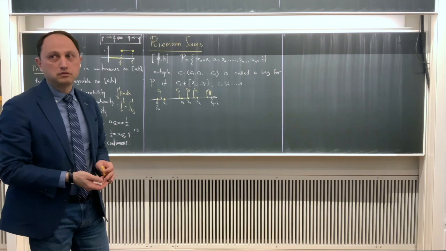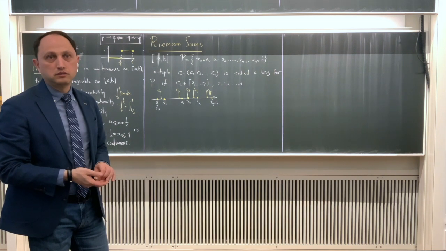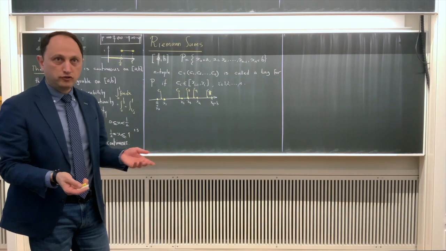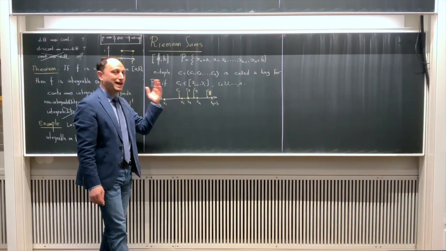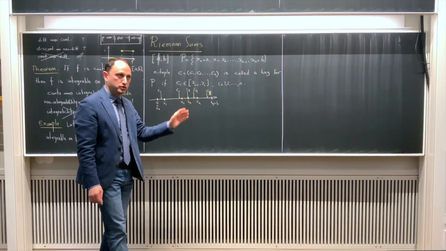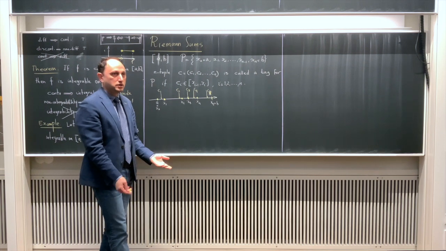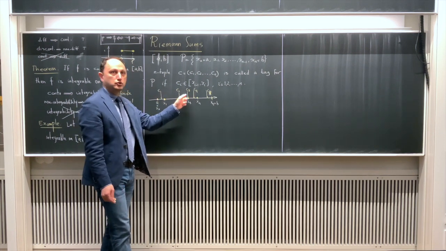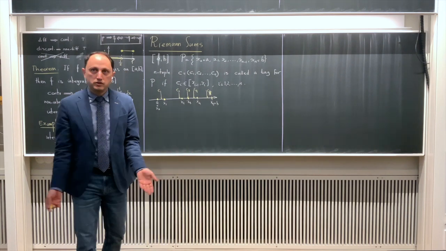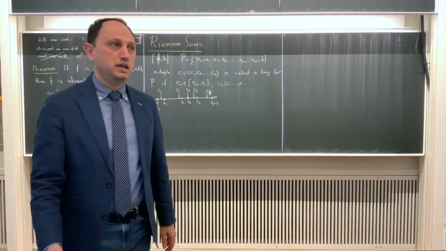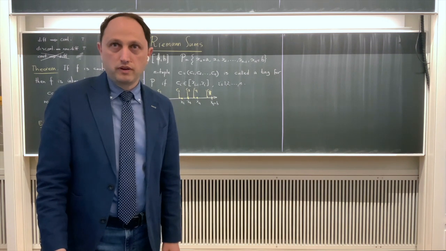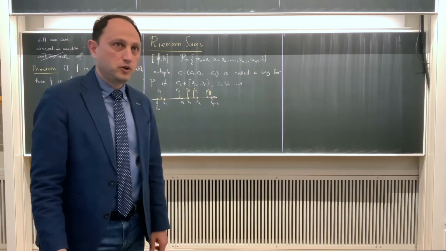Infinitely many, for any partition. I am asking in how many ways you can choose these numbers. Infinitely many ways. So for each partition, you have infinitely many tags that you can associate with. Is that clear? Okay.